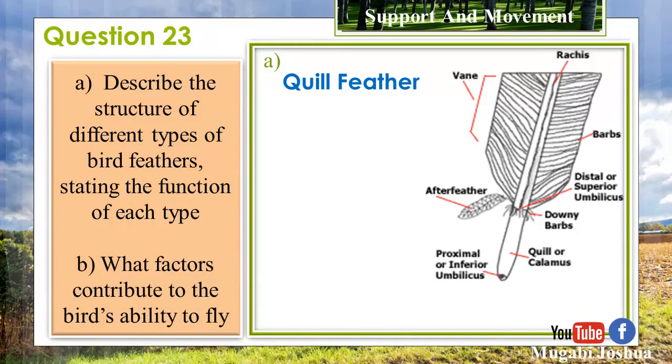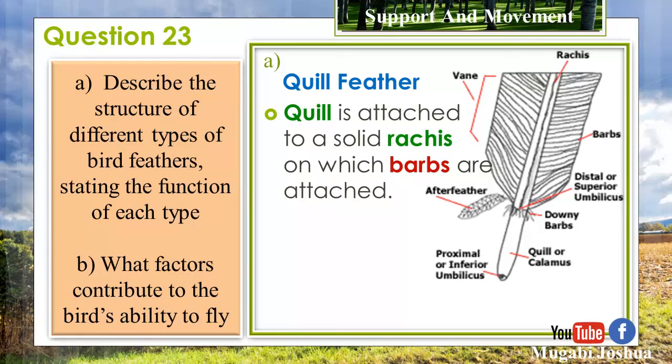Still looking at our quill feather, you will see that the quill, or what we call the calamus, is attached to a solid rachis on which the barbs are attached.